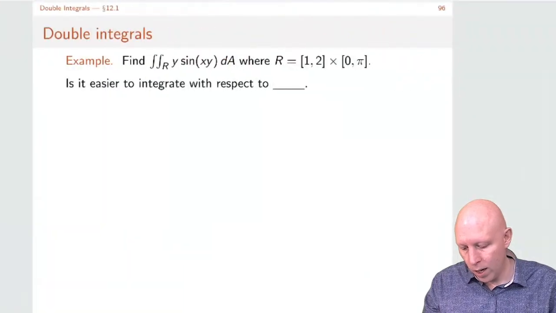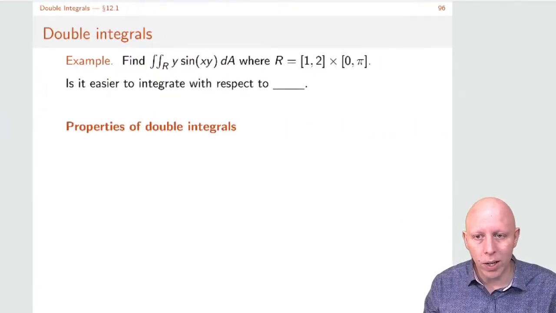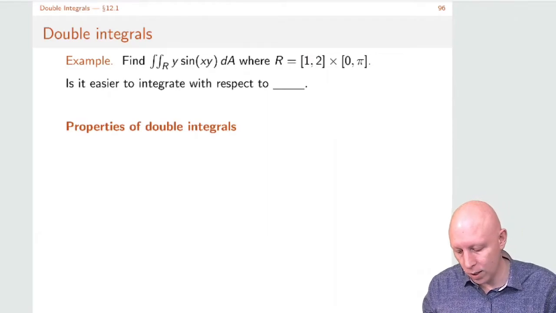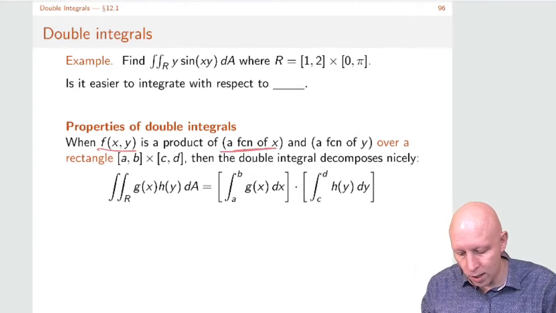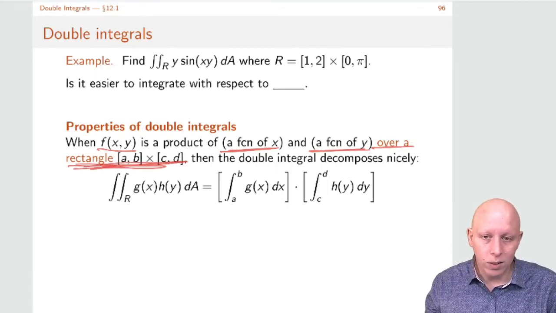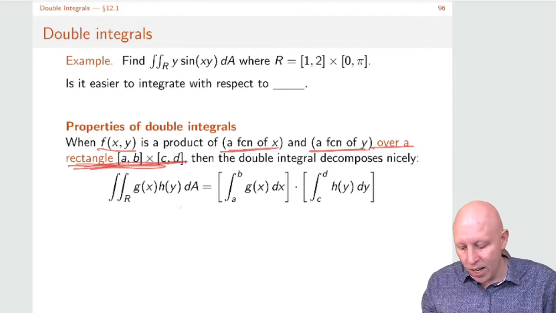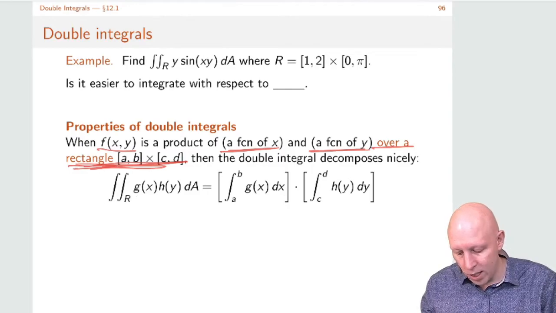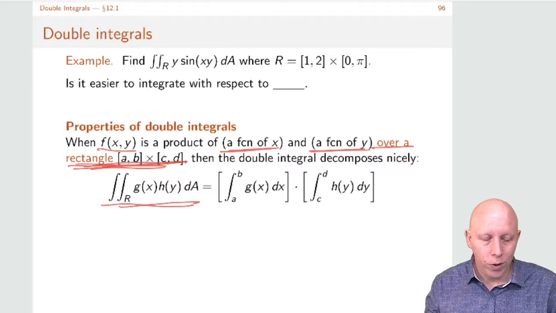All right, so let's finish off by talking about some properties of double integrals. If you have a function that's a product of a function of x and a function of y, where the domain is a rectangle, a b by c d, it's actually possible to split this integral into two pieces and do them each individually.